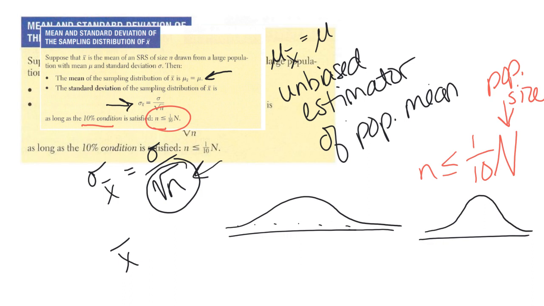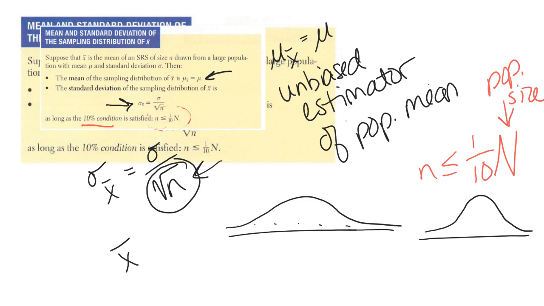So I cannot use that formula if I have a gigantic sample that's bigger than 10% of my population size. I can use this standard deviation formula as long as that 10% condition is met, and the mean of my sampling distribution will be the same as the mean of my population.